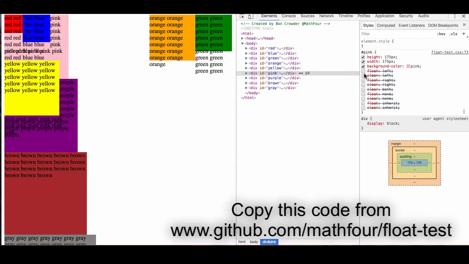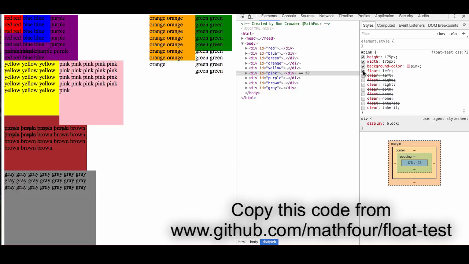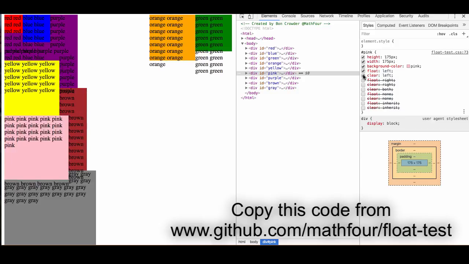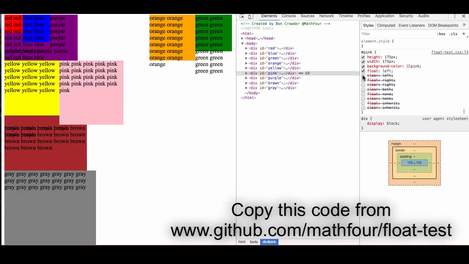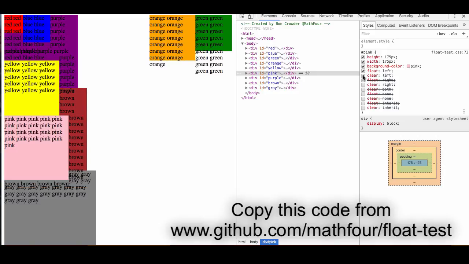Okay, so let's float left. Ooh, oh, look at that. I didn't even try that. Float left and clear left means he cleared the previous floating stuff on the left and then floated left.